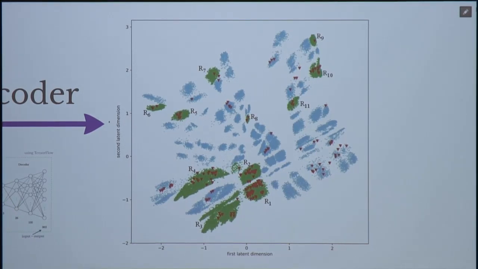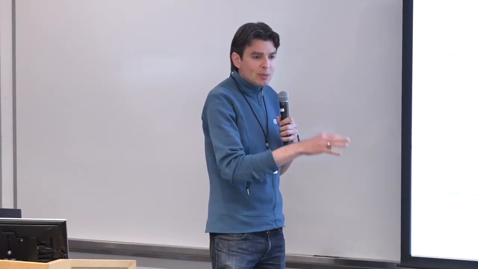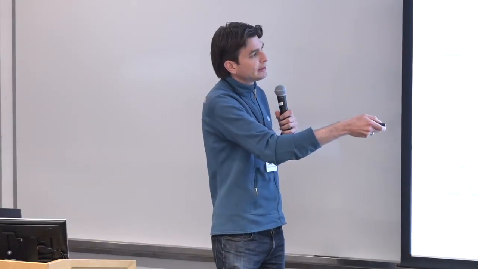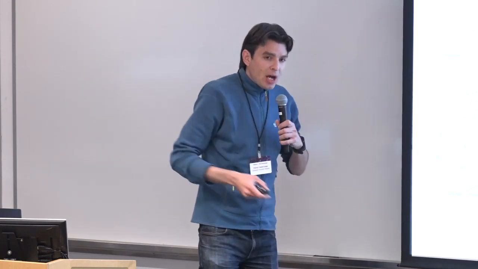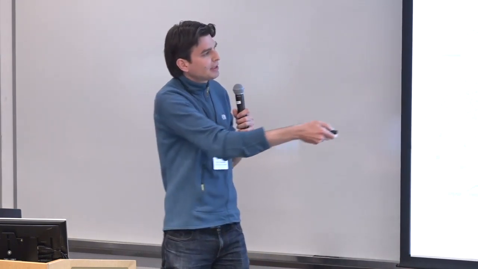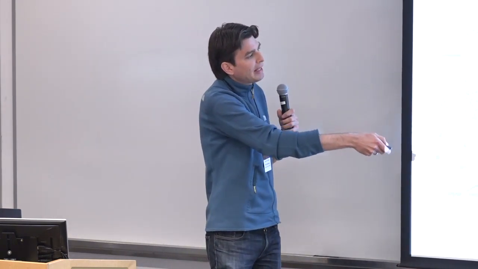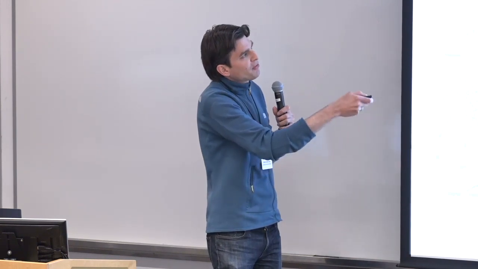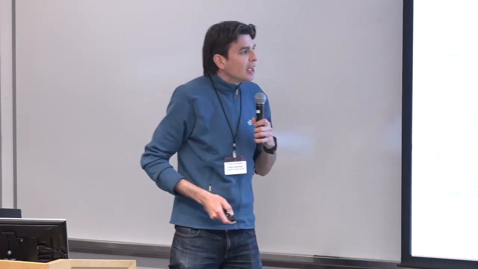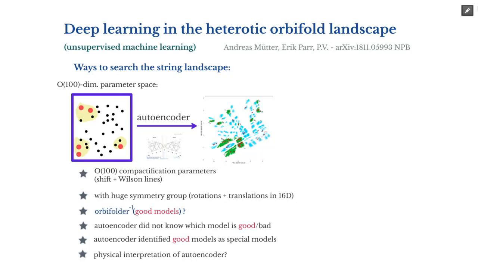Even though the autoencoder did not know whether a model is a good or a bad model, whether the model is blue or red, the autoencoder somehow clustered the good models on separated islands. Some of the islands I highlighted in green here. So even though the autoencoder was not trained on whether a model is good or bad, we just highlighted it afterwards, the autoencoder could identify good models as being special in the landscape.